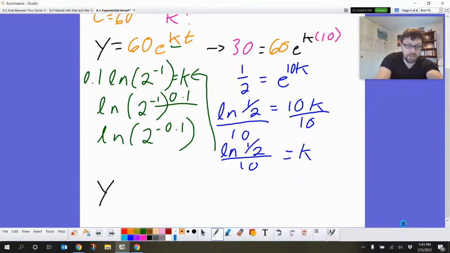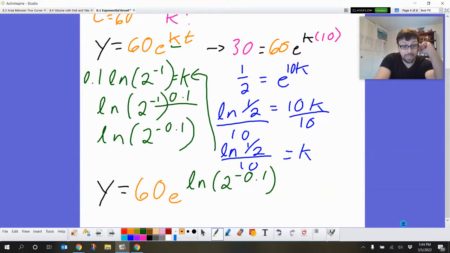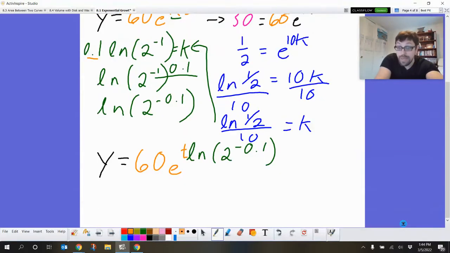So we got y equals 60e, and then we're going to bring in our k value, which we just found, which is ln of 2 to the -0.1. And that's also being multiplied by t. And I put it in front because then you can kind of notice, hey, it's doing that same thing that 0.1 is. So, yeah, let's bring that in there too.